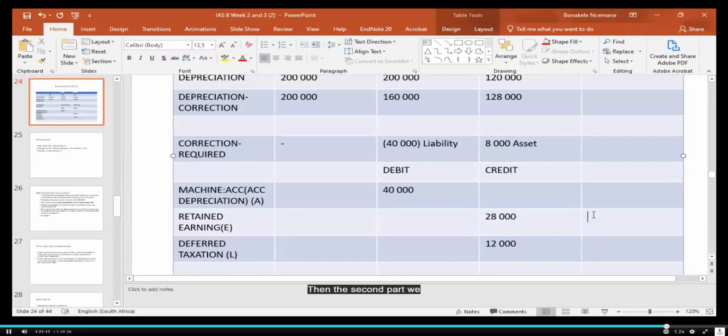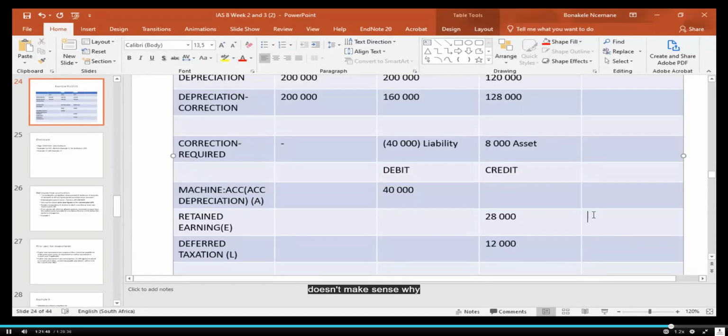Then the second part, we credited the retained earnings because we recognized lesser profits, less by 28,000. Then we debit deferred tax because we recognized lesser profit previously, which is 12,000.